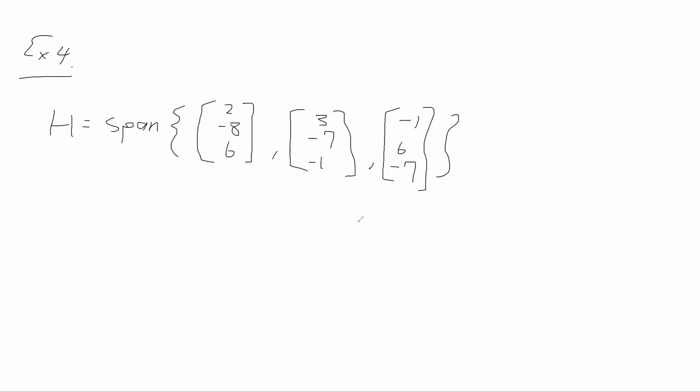Now, one question you might ask is, if it's spanned by 3 vectors, isn't it R3? In a lot of cases that is going to be true. But let me give you an analogy.